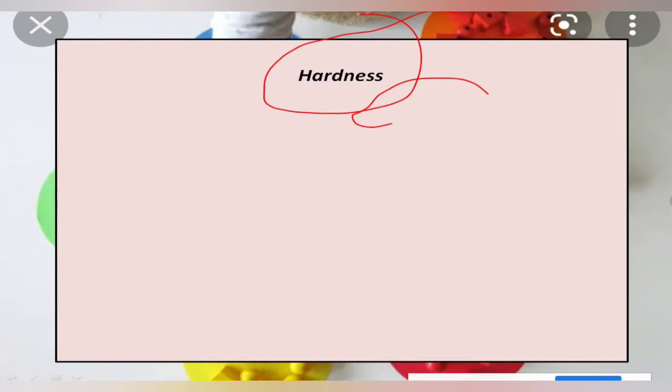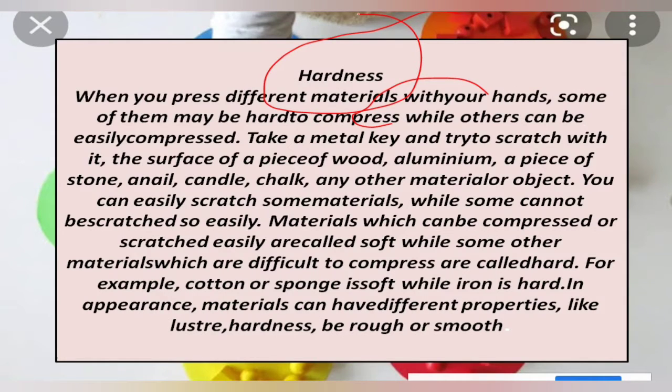So when I talk about these both, one is easily squeezed, and the other I'm not able to squeeze. So because of what property am I not able to squeeze the Shinchan? Because of its hardness. When you press different materials with your hand, some of them may be hard to compress while others are easily compressed.